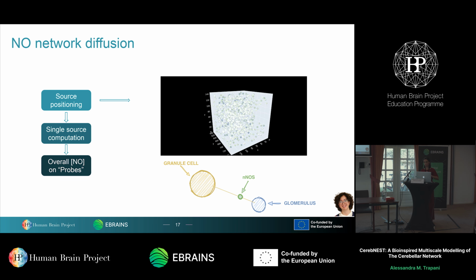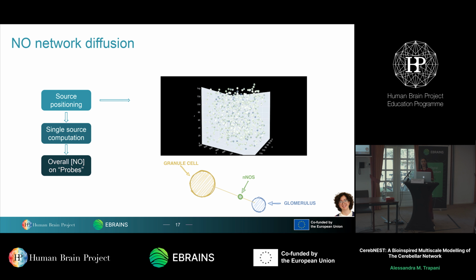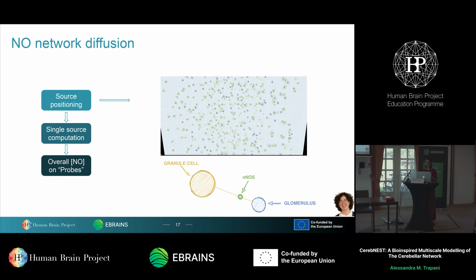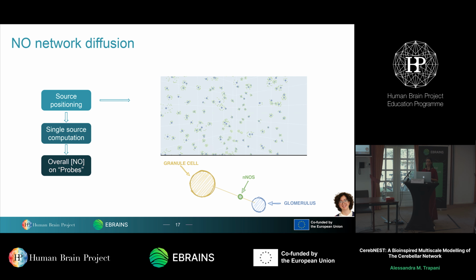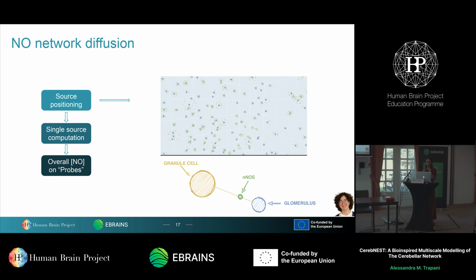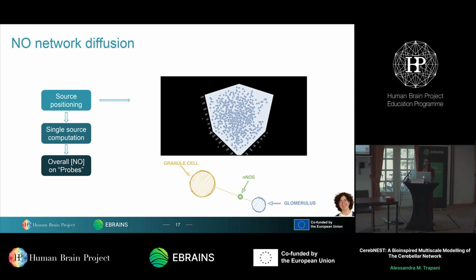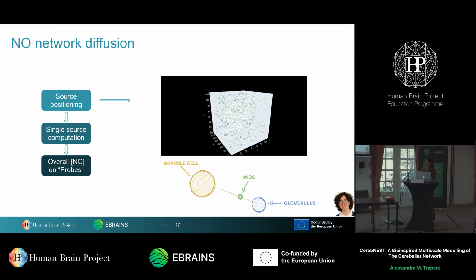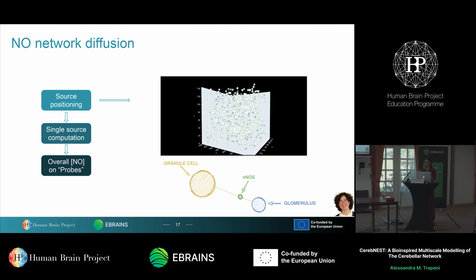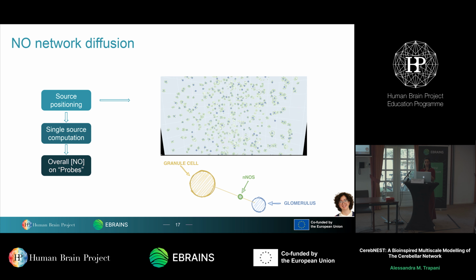So once we have this single source model, we need to define their location in the network. As you can see from the image, we place the NO sources around the glomeruli, which are the structures in the granular layer where the connections between granule cell and mossy fiber are formed.